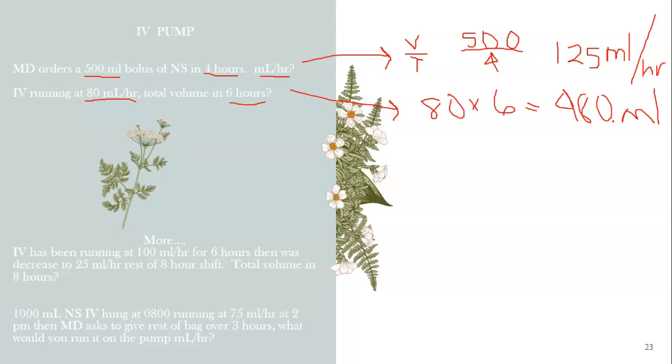I'm going to go ahead and run to the back, grab that 500 mil bag, and set that pump at 80 mils per hour for the next 6 hours. Okay? I can do these problems again and again and again, just changing the amount of fluid and the hours, and get a totally different problem every time. See what I'm saying?